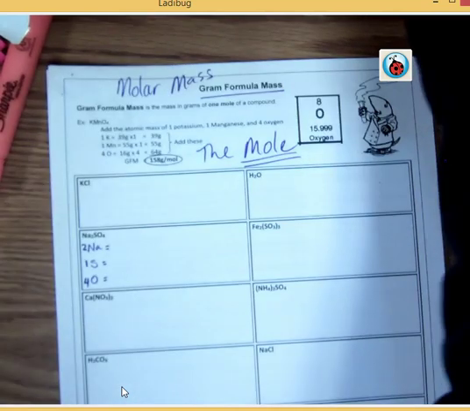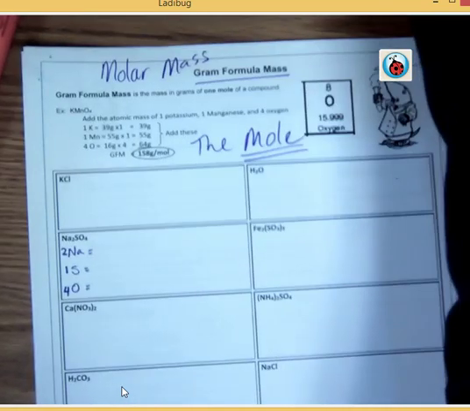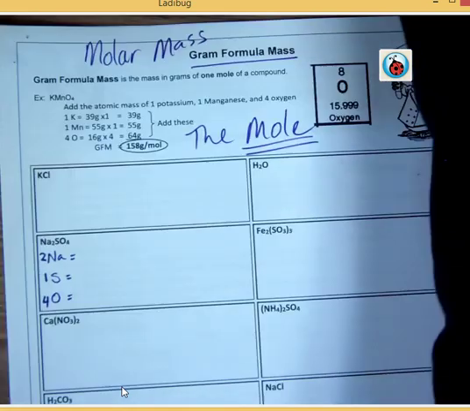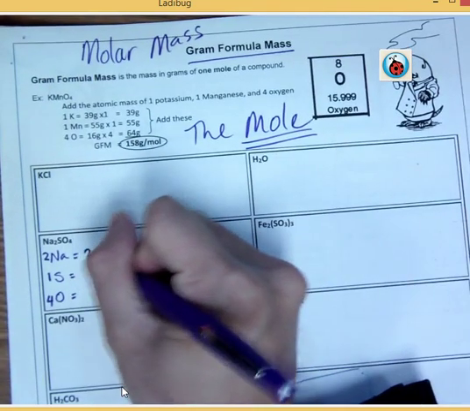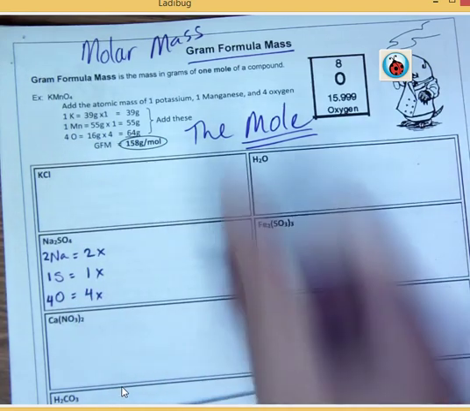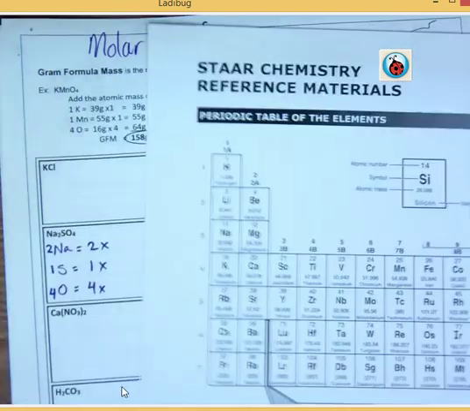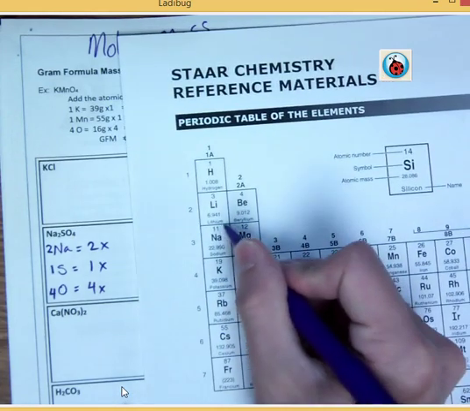Okay, let me zoom in real quick here. Okay, 2 sodium. So 2 times sodium, so whatever the mass of sodium is, we need to multiply by 2. Whatever the mass of sulfur is, we multiply by 1. So that's really nice. So if you look at your periodic table, where's the mass of sodium? There's sodium right there.